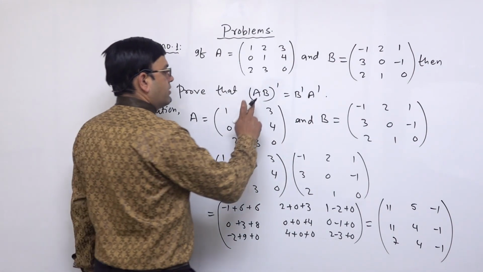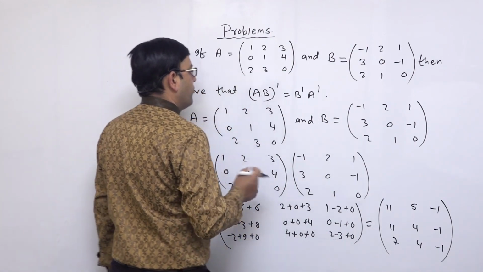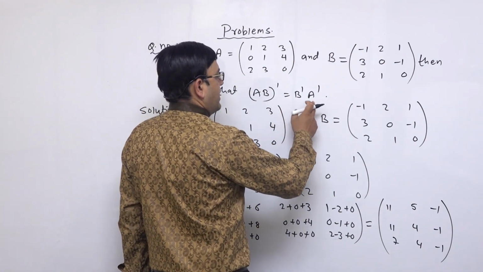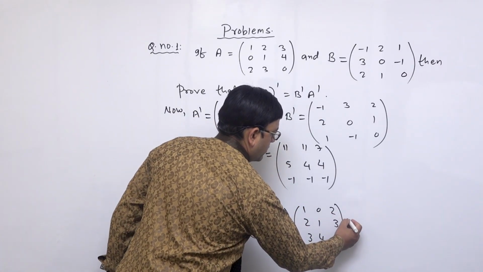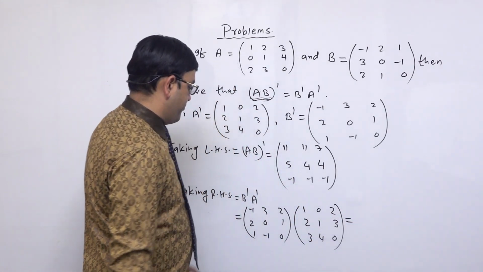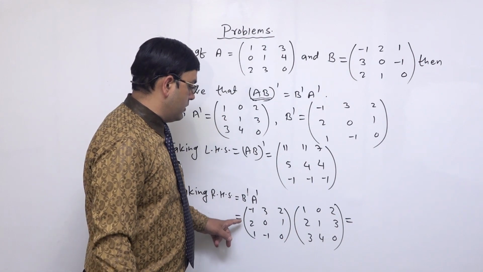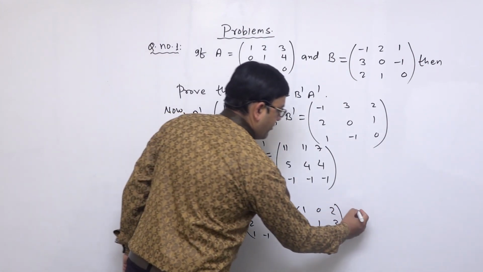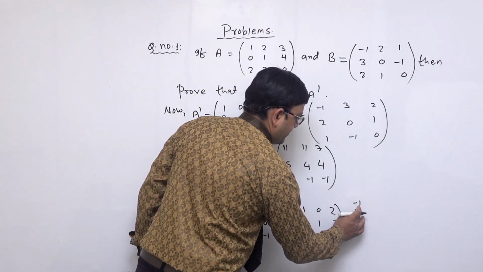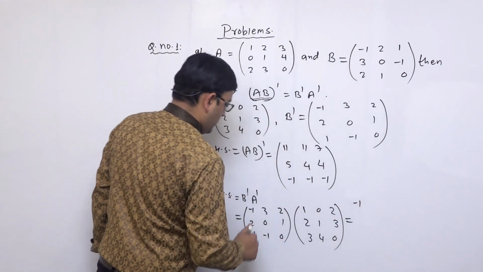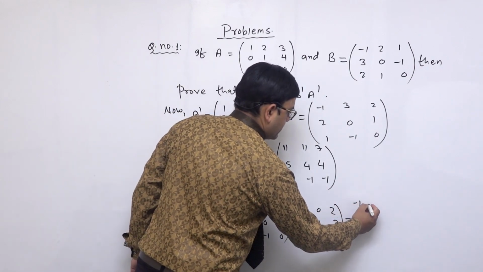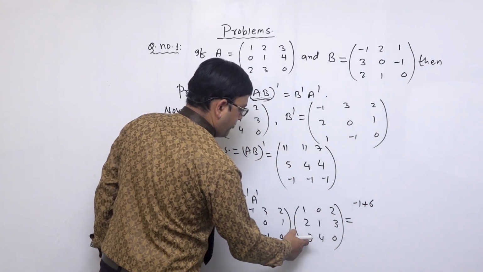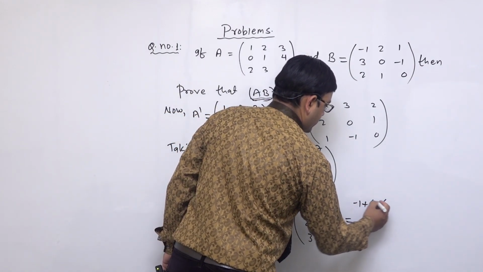Now we have to find the transpose of AB matrix. Before this, we have to find B transpose and A transpose. Now we have to multiply: first column to first row at first. So -1 times 1 is -1, 3 times 2 is 6, and 2 times 3 is 6.